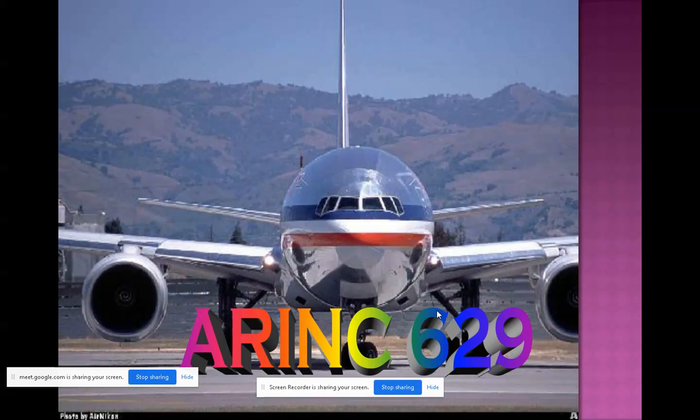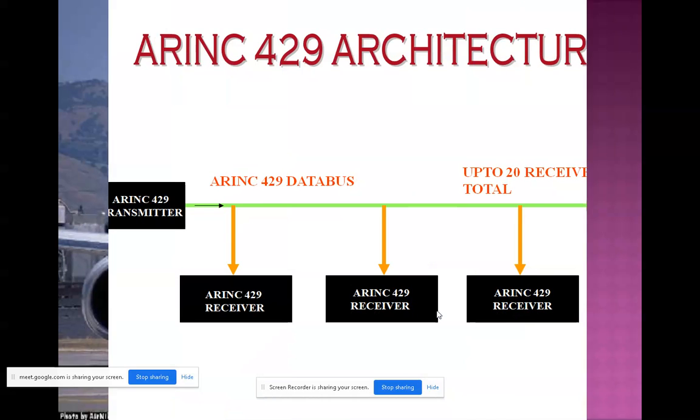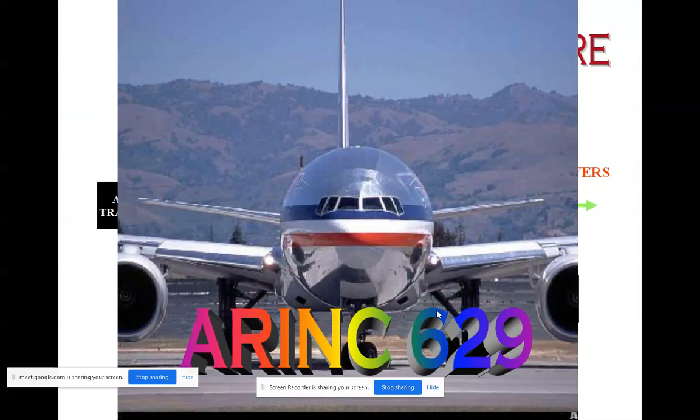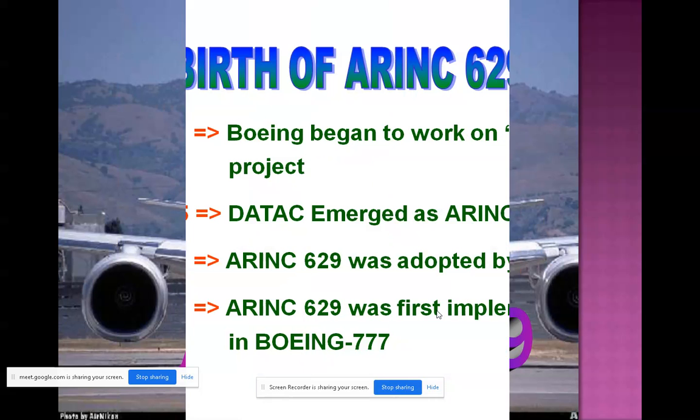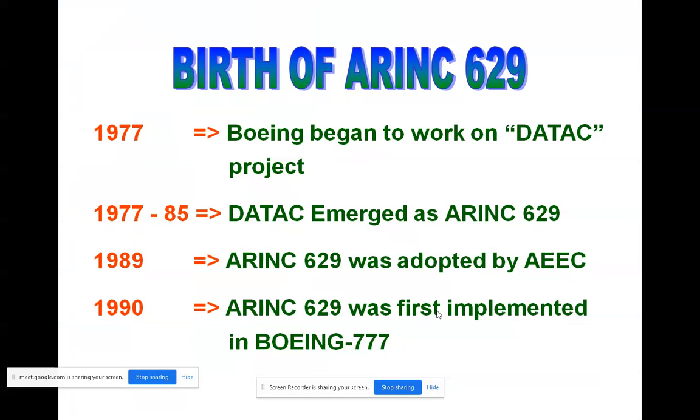Next is ARINC 629. Okay, this is 429. Next we are going to see ARINC 629. The birth of ARINC 629 was in the year 1977. Boeing began to work on the Data C project. From 1977 to 1985, Data C emerged as ARINC 629.